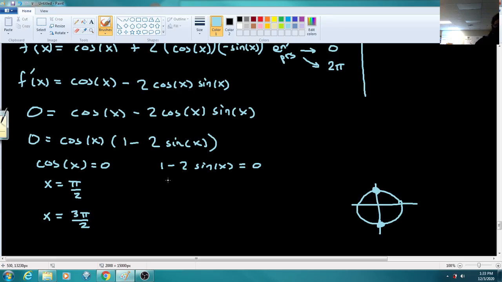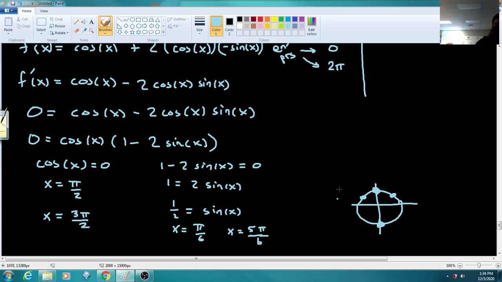Now for this one, we're going to solve it. So we get 1/2 is sine of x. Sine of x is the y value of the point. It's at 1/2, which is here and here, and that will occur at x equals pi over 6 and x equals 5 pi over 6.